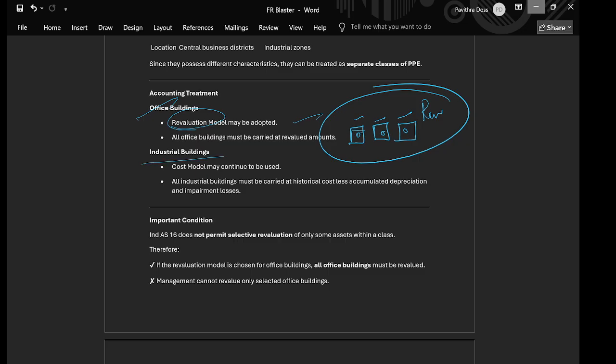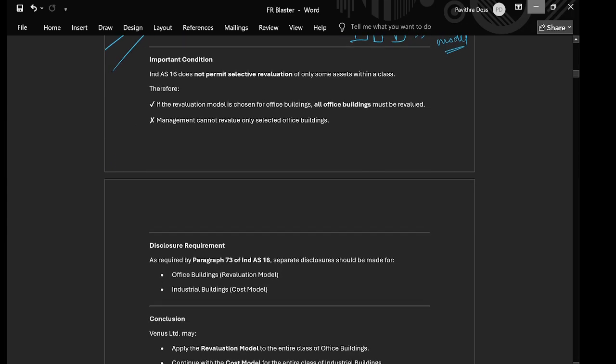For industrial buildings, you can use a cost model, but factory 1, factory 2, factory 3, for all of these you will have to follow the cost model only. Clear? So this is the point with regard to this.